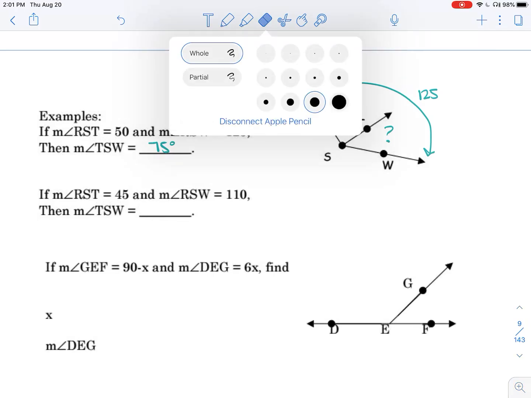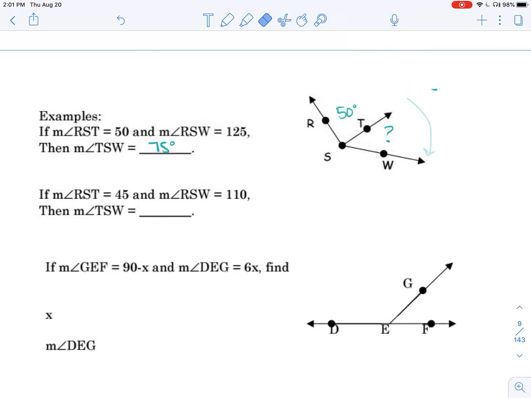So I'm going to erase that so we can do that example again with some different numbers. If the measure of angle RST is 45 degrees and RSW is 110, then the measure of TSW would then be 65 degrees. All of this is 110.